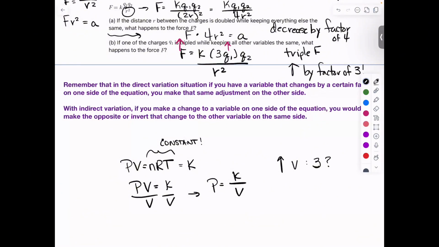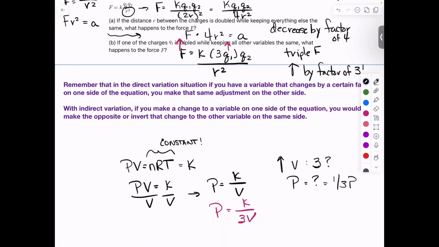All right, so if we know it's inverse, I would simply say P is going to have a value of 1/3 of the original P given in the problem. We don't know what it is, these are arbitrary. So I would say 1/3 P, 1/3 the original P.